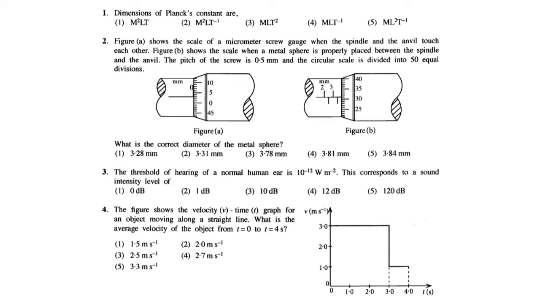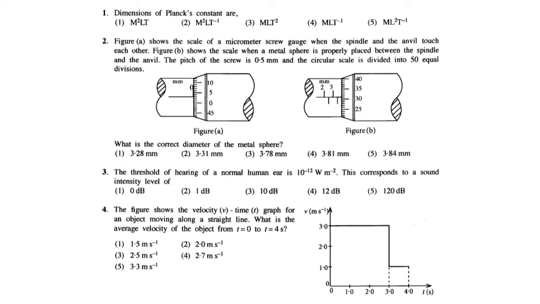Then we read the reading at the figure B. There you can see that 3.5 millimeters is passed in the linear scale, and we have to count how many parts have been gone in the circular scale.